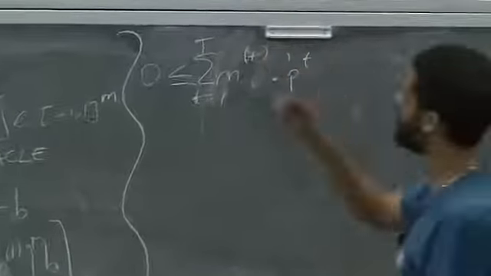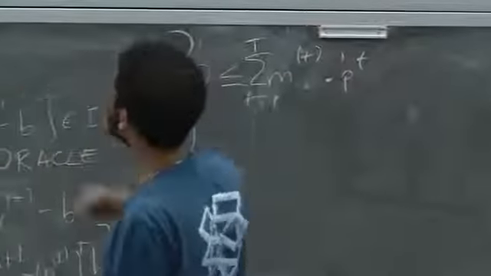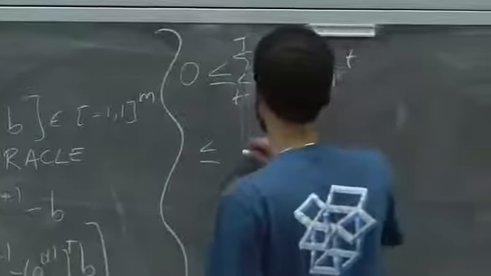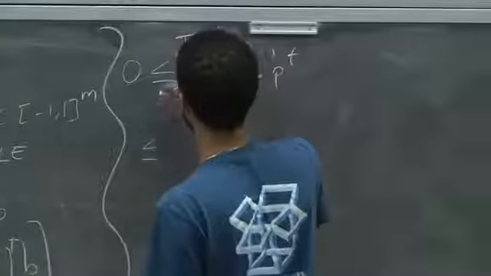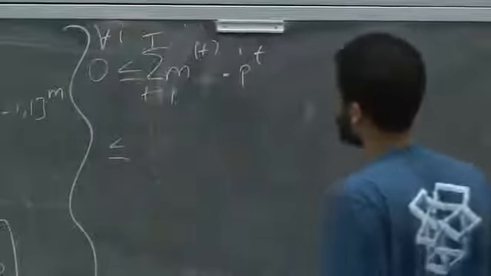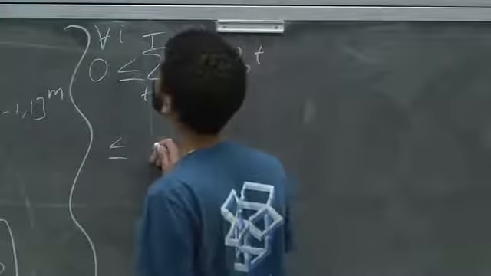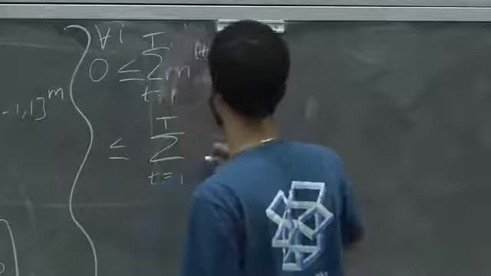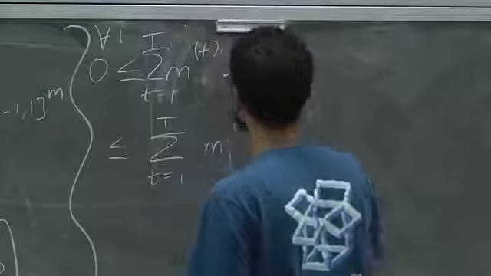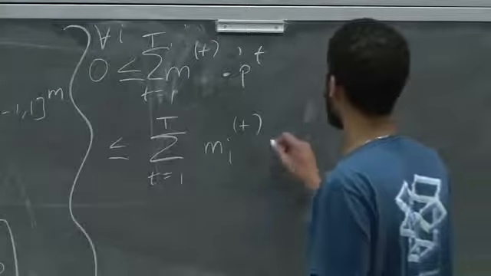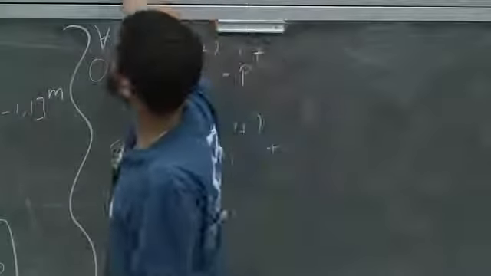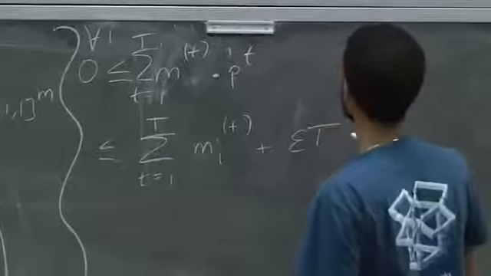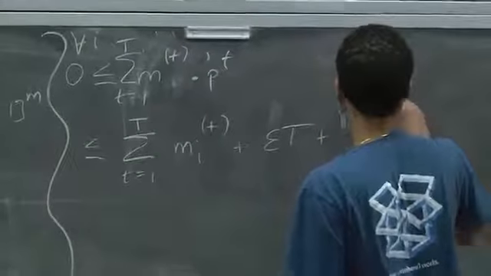Now let me apply the MW theorem. For all i, this is at most the sum over t from 1 to capital T of mi of t, plus, and I don't need the stronger version, I'll just say at most epsilon T plus ln m over epsilon.